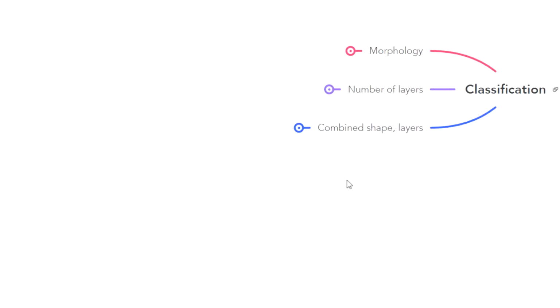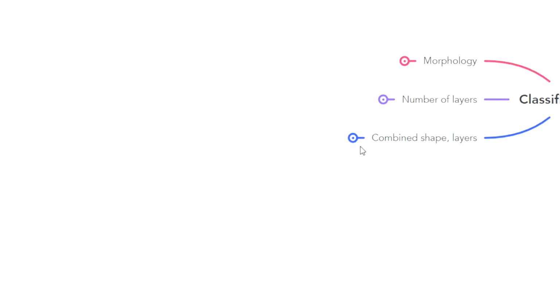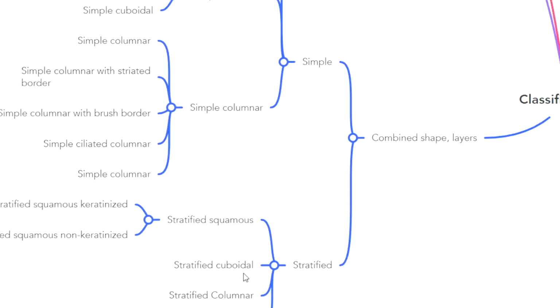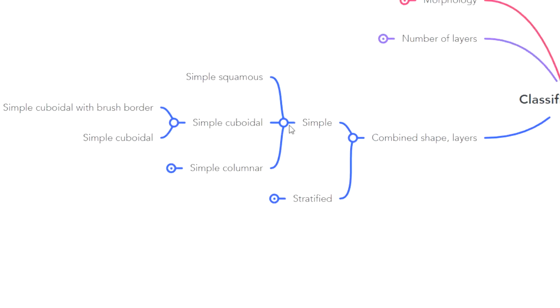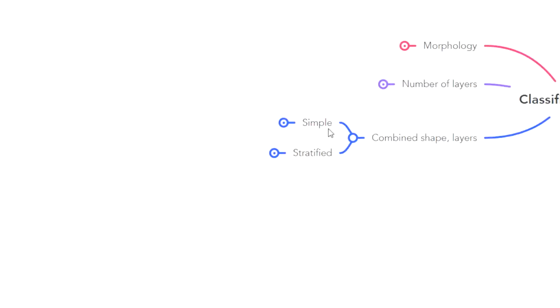Coming to the combined shape and layers, taking both the morphology and the number of layers, it is further classified into simple epithelium and stratified epithelium.